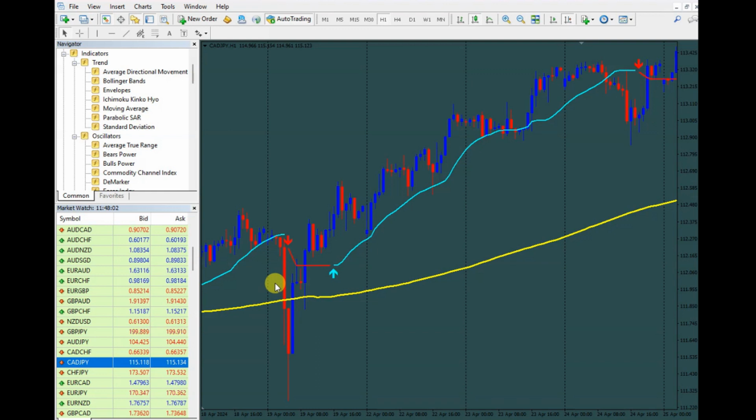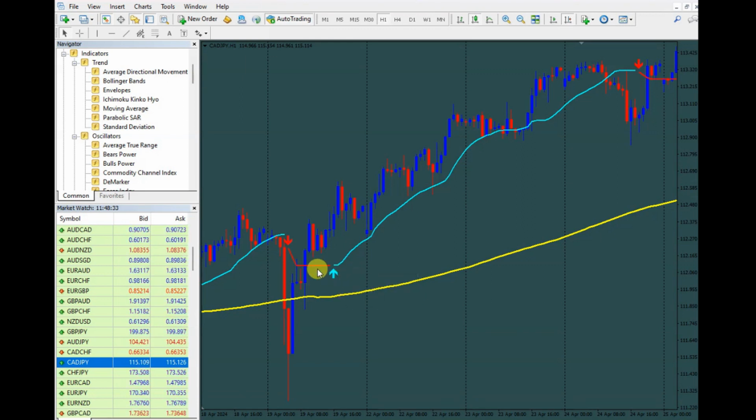As you can see, our trading rule is very simple. What we need is to have the price above the 200 moving average. Once we have the price above the 200 moving average, as it is here, then we wait to get our Pro Trading Assistant Trender giving us a buy signal.